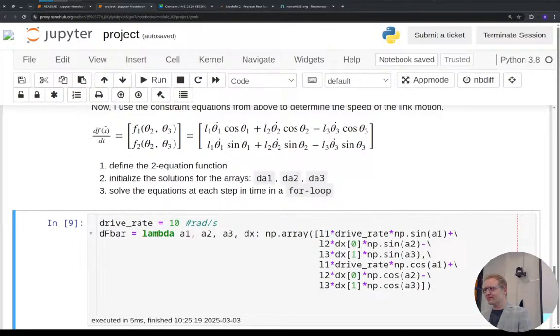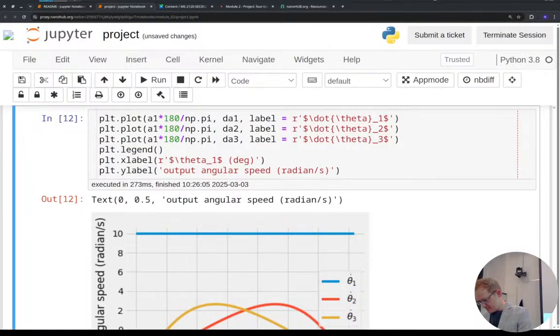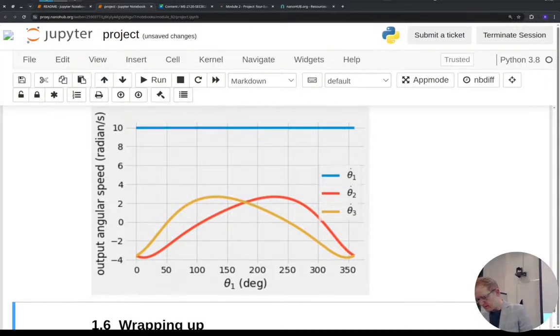All right, so now we can figure out how fast, since we know where everything is and we know how fast angle 1 is moving, I can plug that in, the same set of equations that we solved in the homework, but again, we can set it up as a general solution. And now for every angle of angle 1, I can see how fast theta 2 and theta 3 are moving one way or the other.